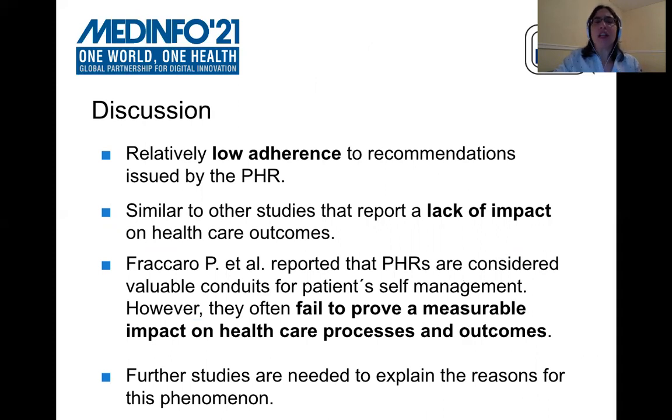However, they often fail to prove measurable impact on healthcare processes and outcomes. So in this case, further studies are needed to explain the reason for this phenomenon. We can say that a lot of work needs to be done in this direction.